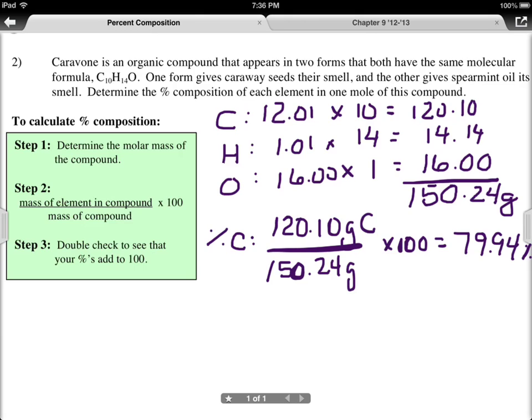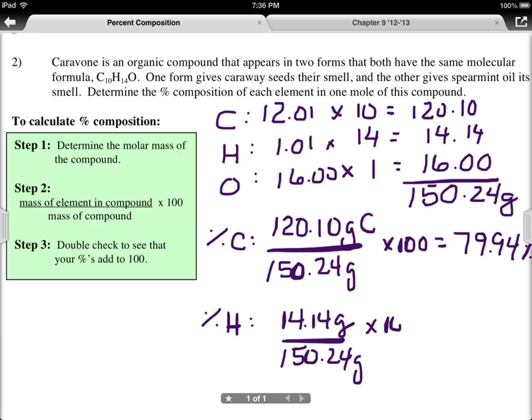To figure out the percentage of hydrogen, I just take the data for hydrogen. I take 14.14 grams, and I divide it by the mass of the whole compound, 150.24 grams. Multiply by 100, and I get 9.412%.